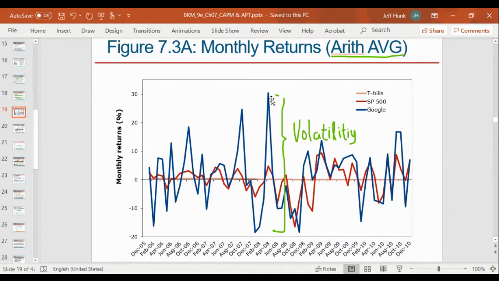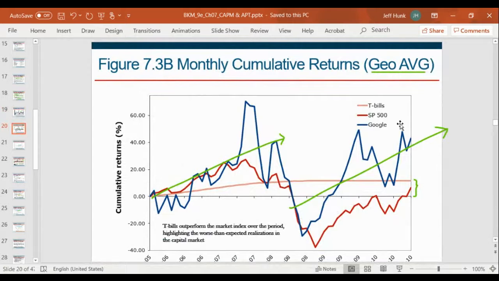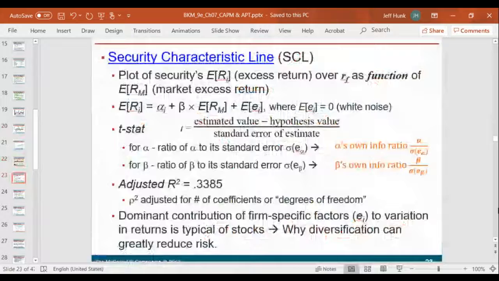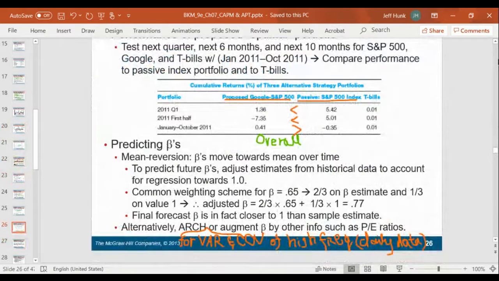But the arithmetic average return would just fluctuate within some constant range. Of course, even if you look at the geometric average during the same period, although there is some upward trend, they basically fluctuate within some range.